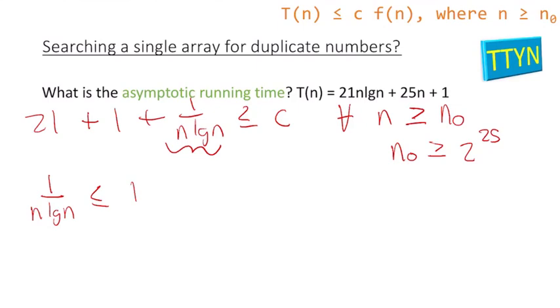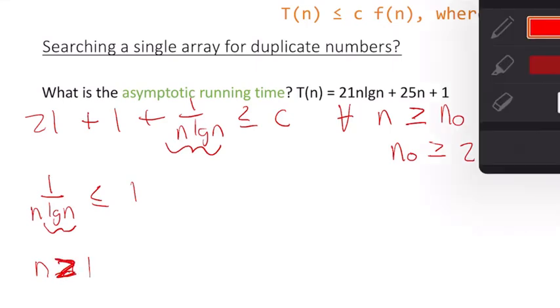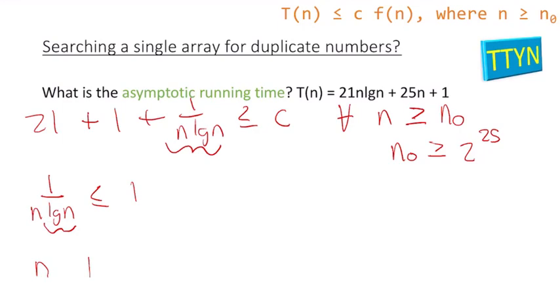Alright, well, I know that log of 1 is 0, so we want to stay away from that. So we need n here to be at least greater than 1. Sorry, not greater than or equal to, but strictly greater than 1. Otherwise we'll have a 0 in the denominator, and that's some math we don't want to deal with.